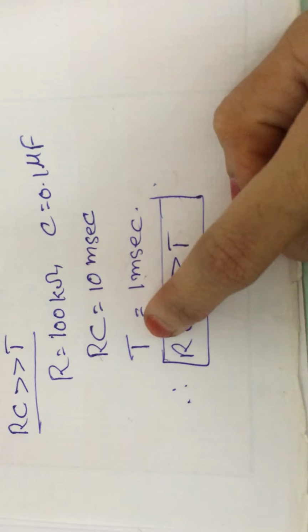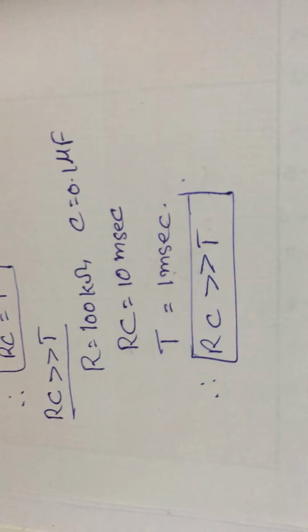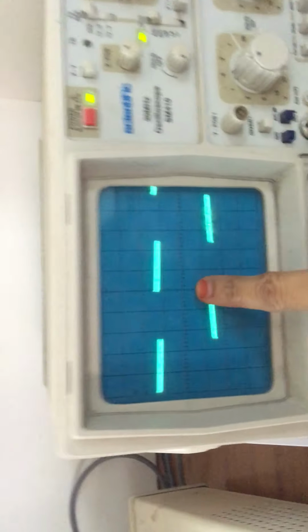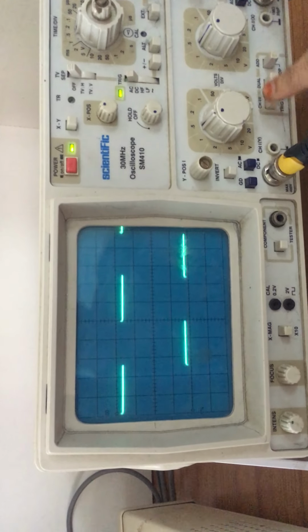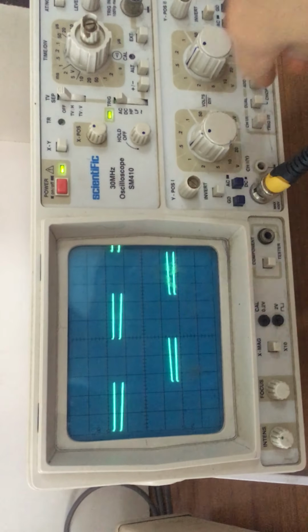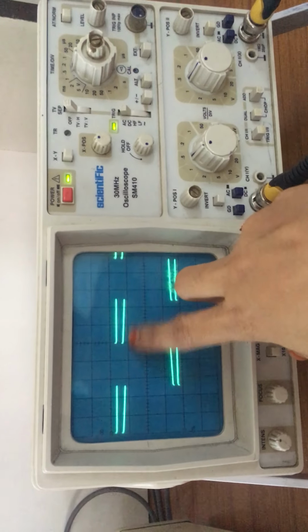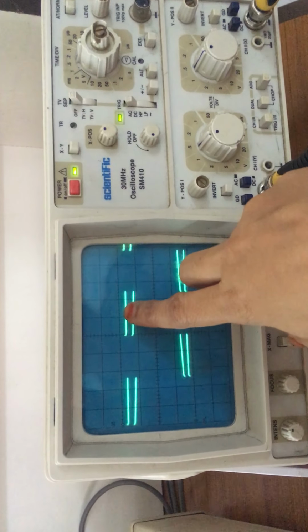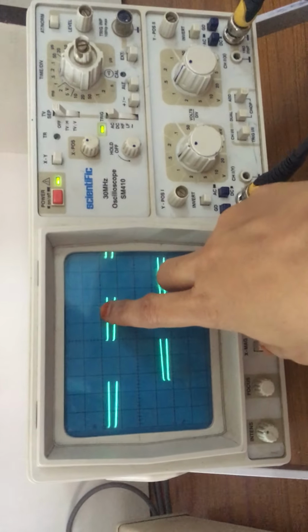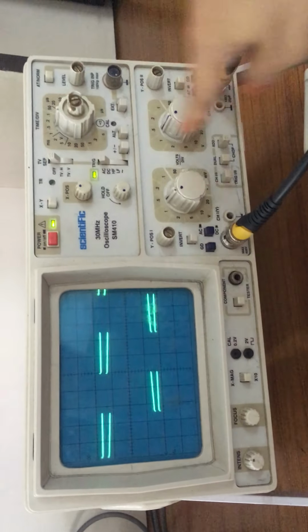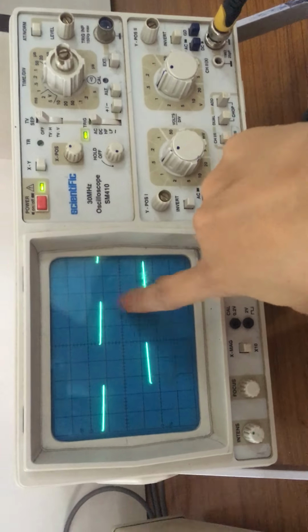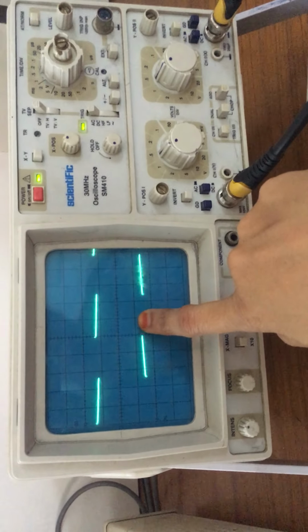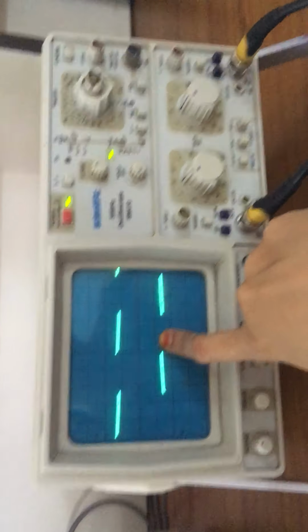So RC is far greater than T. In this case, you can observe the output is very similar to the input. The output is approximately equal to the input signal.